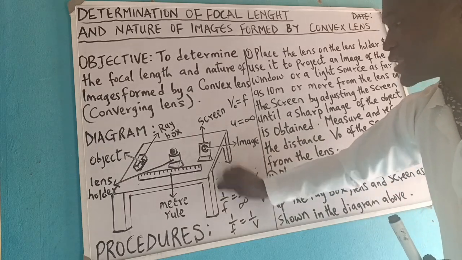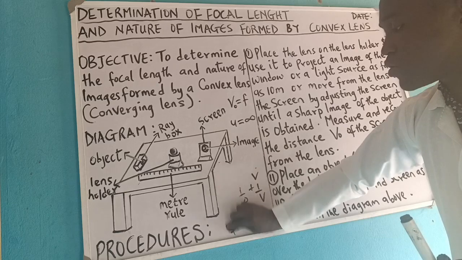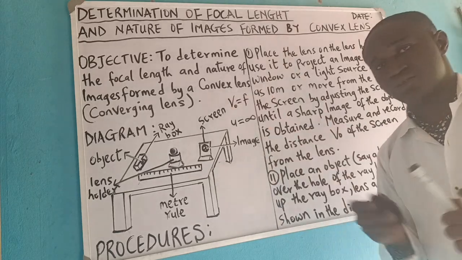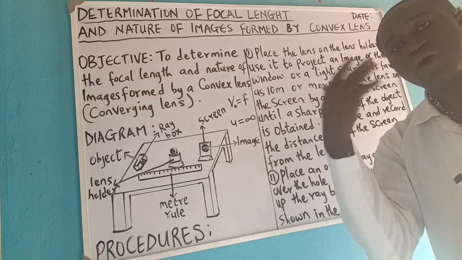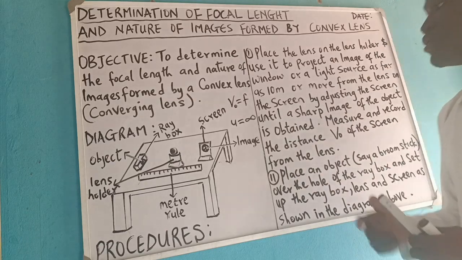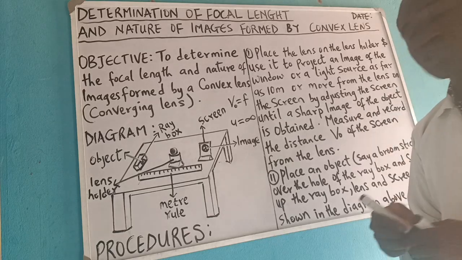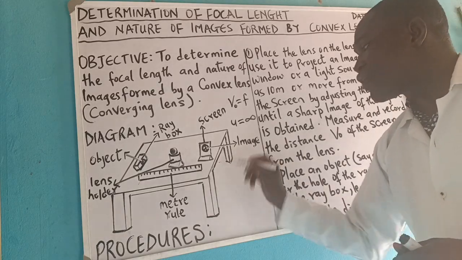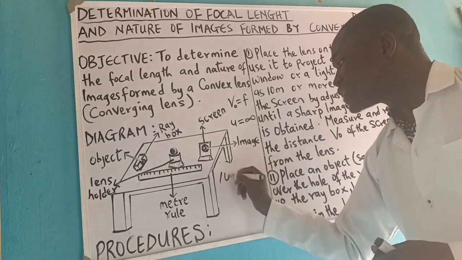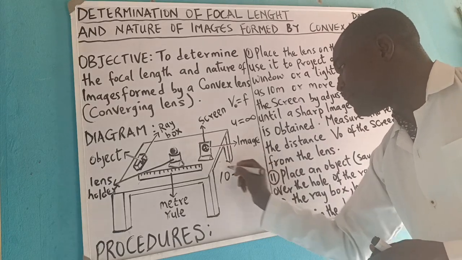Yes, very important. If they do not want to tell you, even the past students, the students that are in the next class already, will tell you the focal length they got. It will help you. Now, in case you couldn't get any information, note that the focal length of a convex lens ranges from 10 to 20 cm.